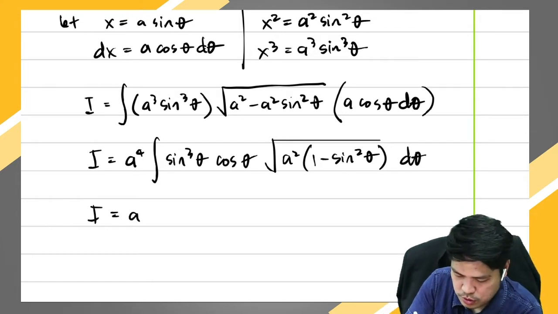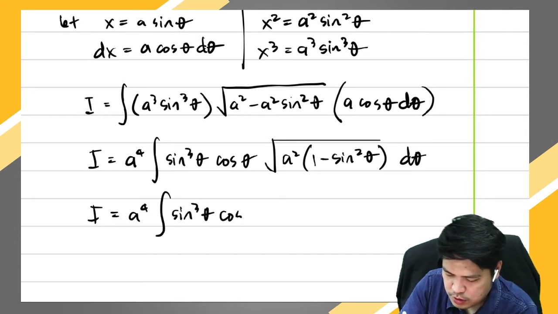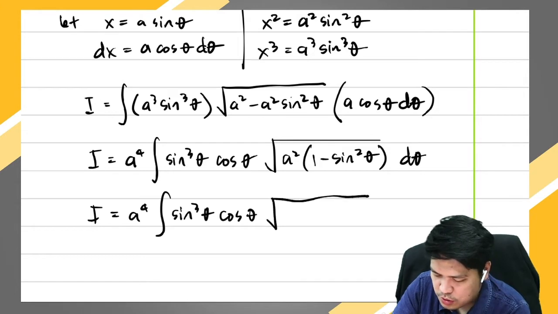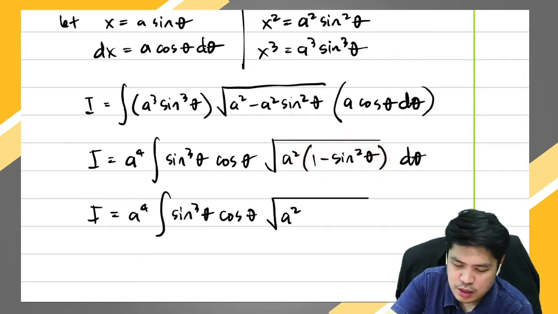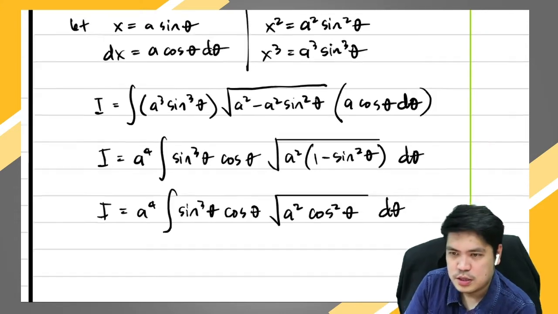Therefore, this is sine cubed theta cosine theta. Therefore, this becomes the square root of a squared, and by the Pythagorean identity, this is actually cosine squared theta, times cosine squared theta d theta.